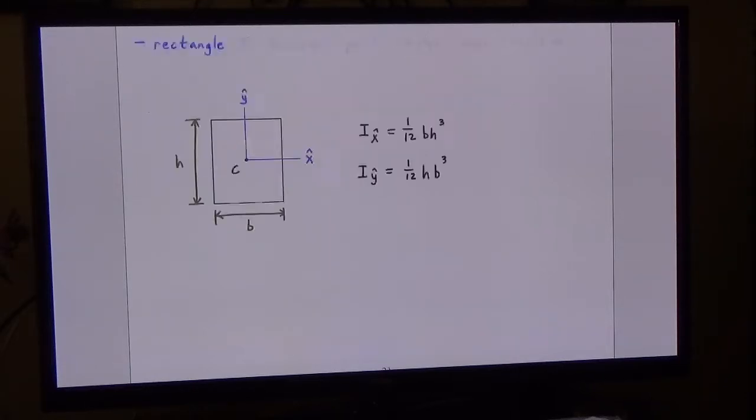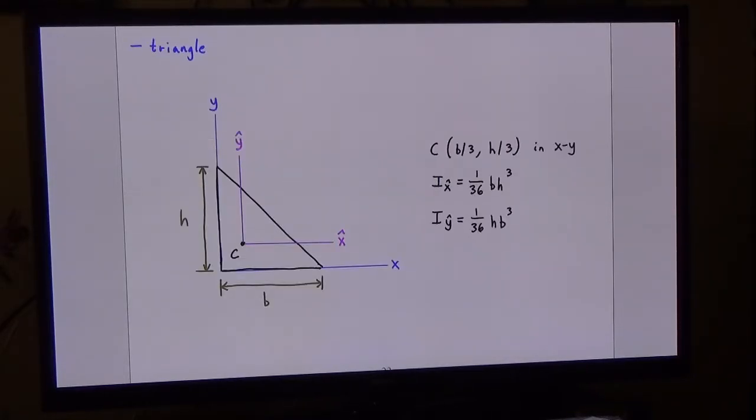So for instance, if you look up a rectangle in table D3, this is somewhat like what you'll see in the back of the text. We're given the centroid location right in the middle. Here are the dimensions of the rectangle, and it gives us the value for I about x hat and I about y hat, right? Just 1/12 b h cubed for x hat and 1/12 h b cubed for y hat.